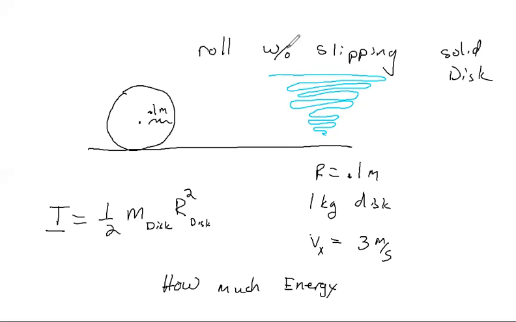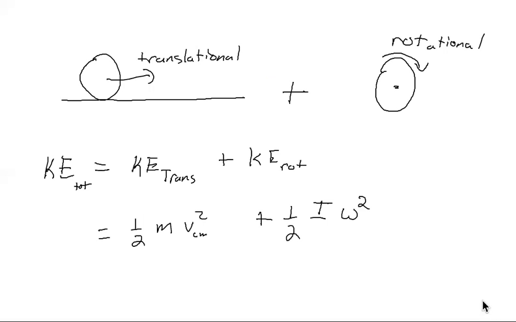The last video described how you can use no slipping assumptions to solve problems. Because we have no slipping, we know that the velocity in the x direction of the center of the wheel equals, up to a minus sign potentially, r times omega.